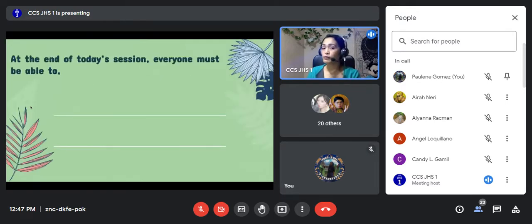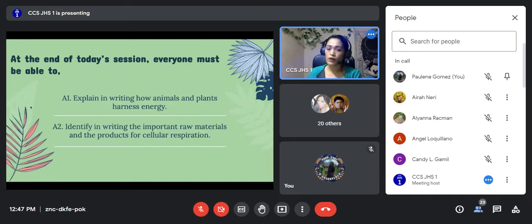So for our objectives this afternoon, we will focus on how animals and plants harness energy. Let us say plants have already manufactured their necessary food. They will now use it as a form of getting energy.